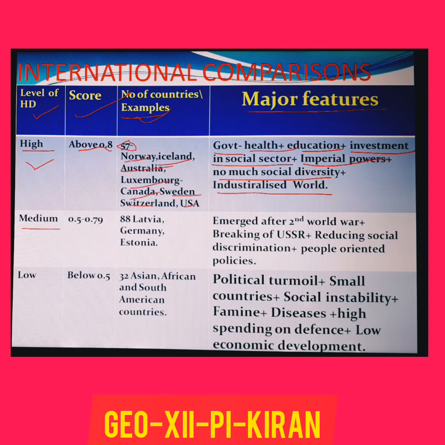Next one is medium human development index countries. The values range from 0.5 to 0.79. There are 88 countries in the world which have medium human development, which include Latvia, Germany, Estonia.